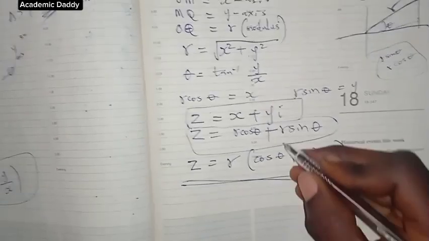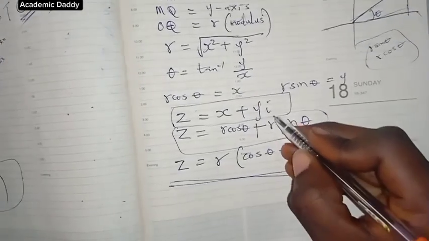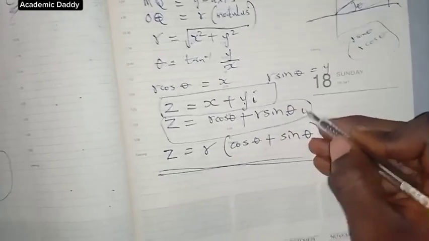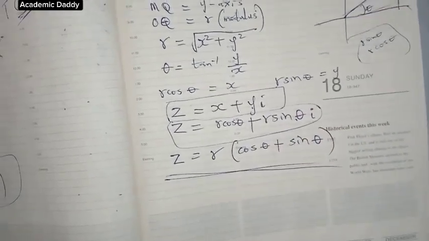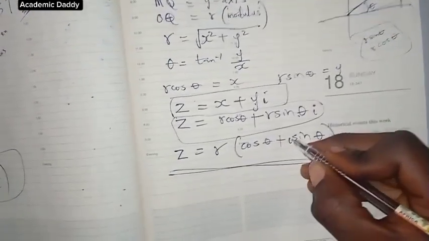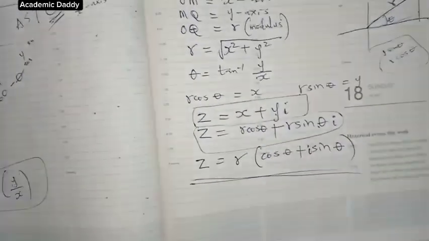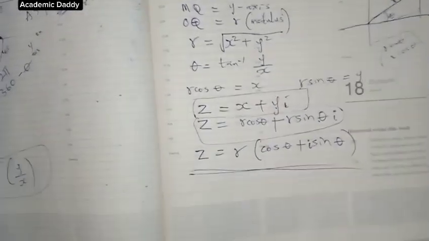Since this part has the i, y is sin theta, so I can put my i here. That is why in most textbooks you see i sin theta, to show that this side is for the imaginary part. So that is the polar form of a complex number.